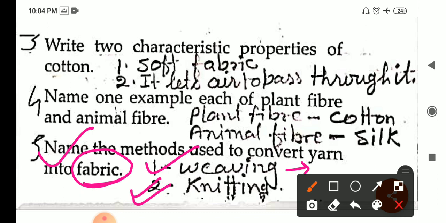As you know, at our homes also we can see our mamma or our grandmother using the needles, those knitting needles, salai, as they call it, and they make sweaters. That process is called knitting, done with the help of knitting needles. And that is also one of the processes of making fabric. Woolen fabric gets ready from it. Are you getting it? So these are the two processes by which yarn can be converted into the fabric. Yarn means thread.